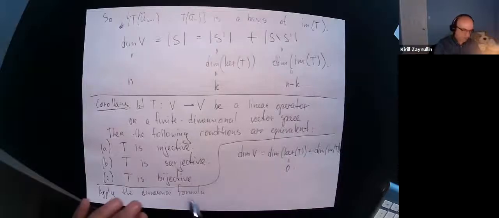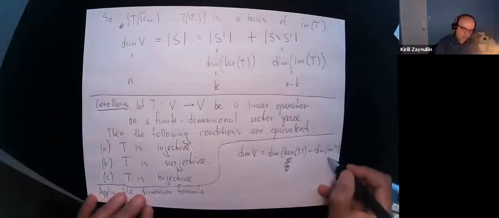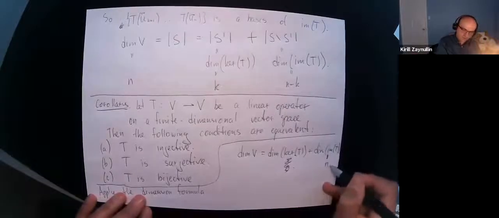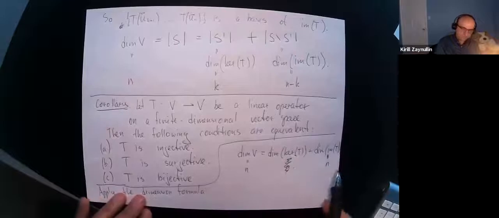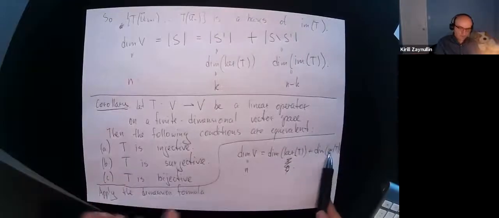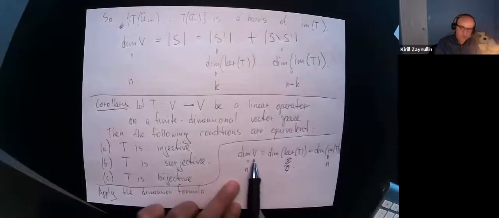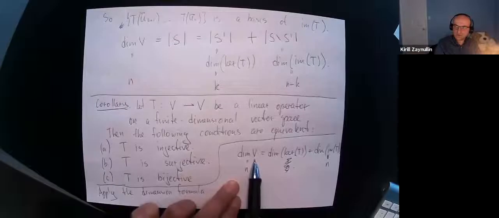In the other direction, if T is surjective, then this number is just n. Suppose the dimension of V is n. If T is surjective, then the image of T coincides with V, by the very definition of surjectivity.